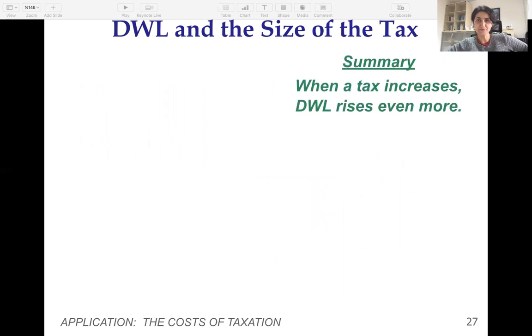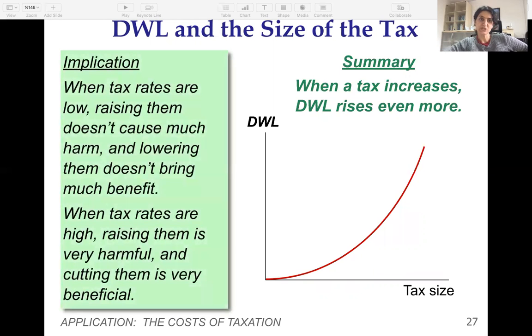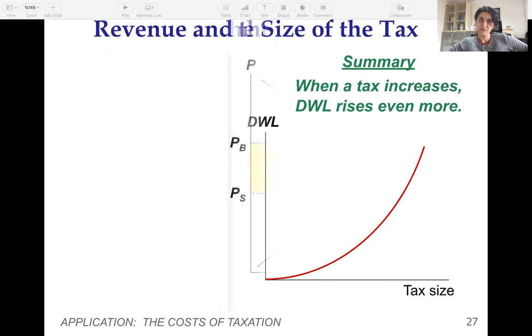So when a tax increases, dead weight loss rises even more, like a convex curve with the tax size. The implication: when tax rates are low, raising them doesn't cause much harm, and lowering them doesn't bring much benefit. But when tax rates are high, raising them is very harmful, and cutting them is very beneficial.